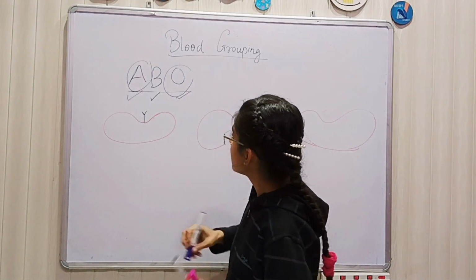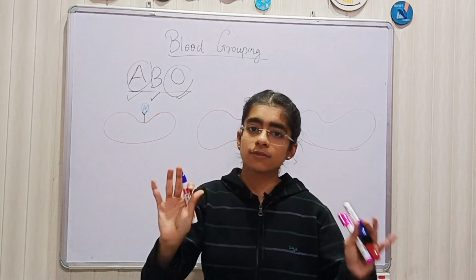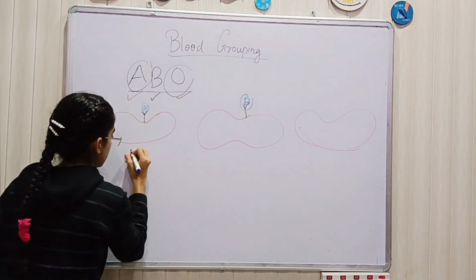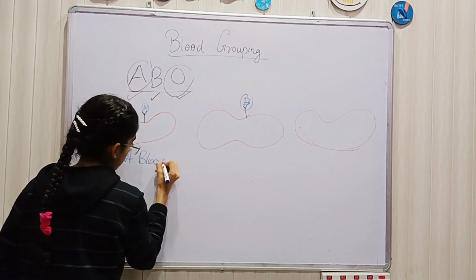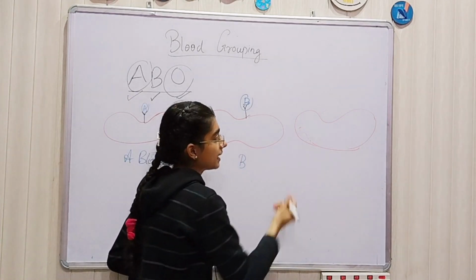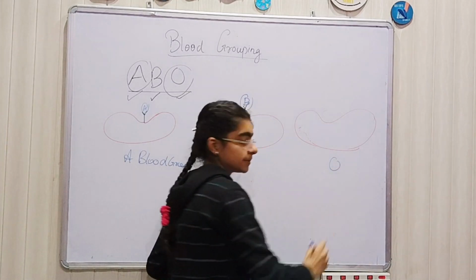If the name of the antigen is A, we have coded it, and here if it is B, this is A blood group. Similarly, it is B blood group, and here there is no antigen present, so it will be O blood group.